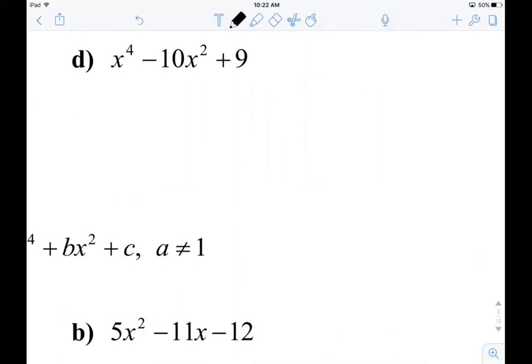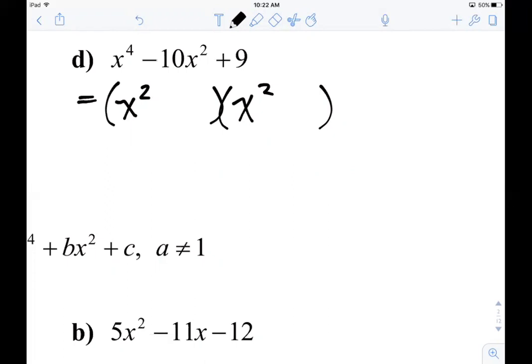But break it down the same way. The only difference is that instead of each bracket starting with just an x, each bracket is going to start with double that. They're going to each start with x squared. And that's literally the only difference. So as long as I start each bracket with x squared, I break it down the same way from there.